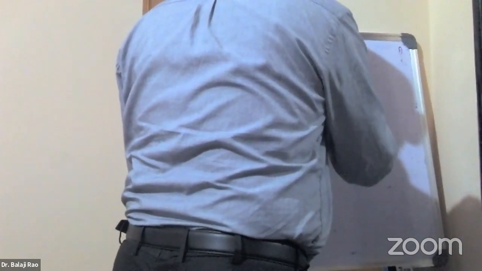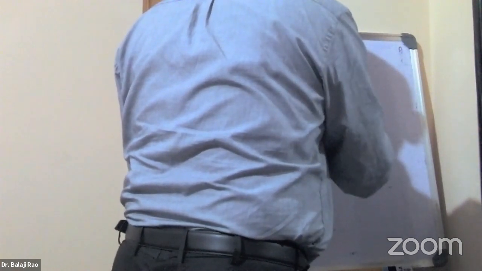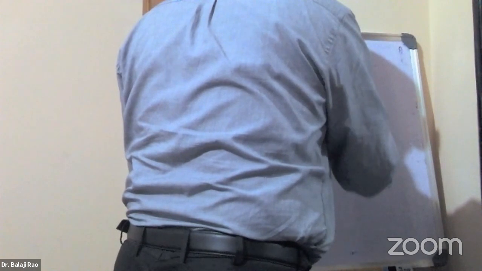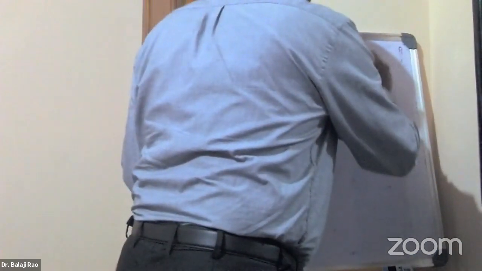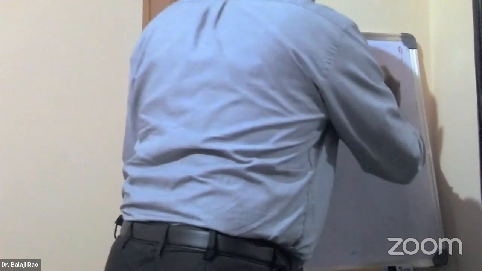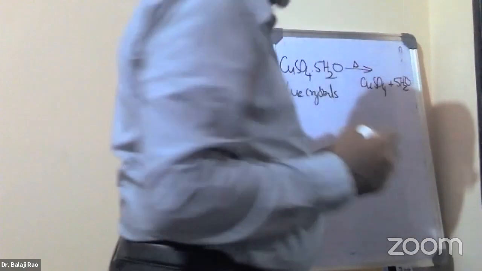So CuSO4·5H2O is a beautiful blue crystal, a lovely color by the way. If you heat this, it becomes CuSO4, losing the water that is present.